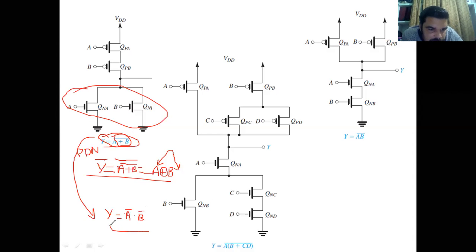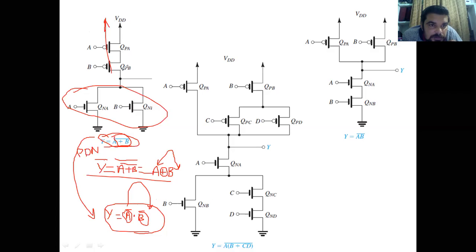Now with this logic we can easily design the pull-up network. You can see that two PMOS will be used, one having input A, another having input B. These two PMOS will be connected in series because the multiplication sign is here. So this will be here.